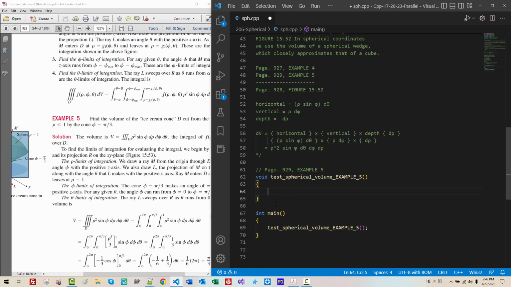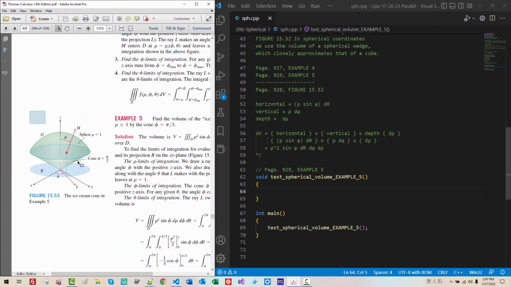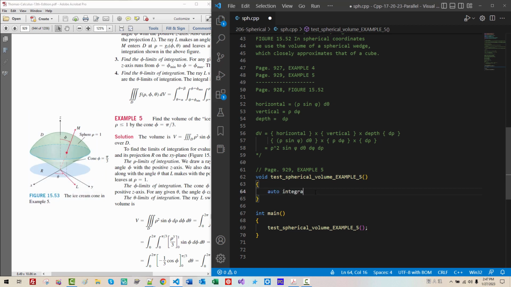Here we are finding the volume of this ice cream cone. For the integrand, we create a function of rho, phi, theta. Please understand, we have to maintain the order of these parameters, because it is an ordered triplet.